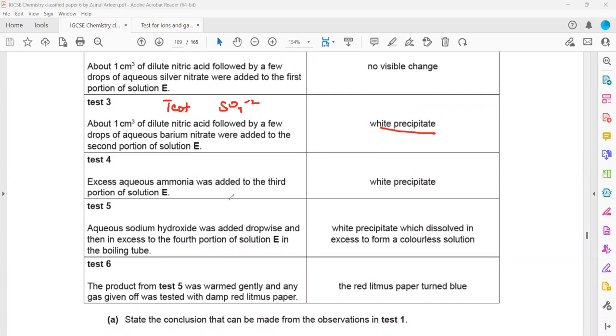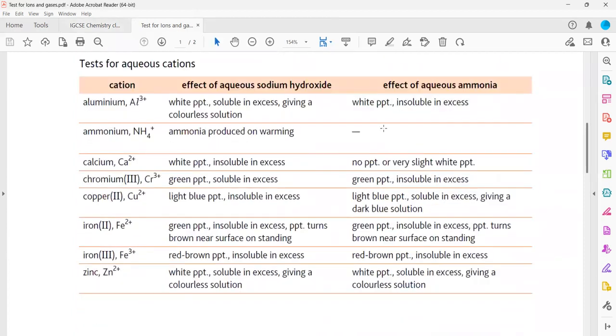And excess of aqueous ammonia was added, a white precipitate forms. So if we add aqueous ammonia and the white precipitate does not dissolve, it is most likely aluminium. Here it is aqueous ammonia, not sodium hydroxide.